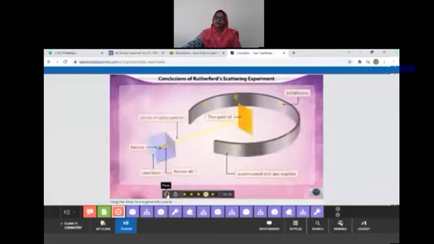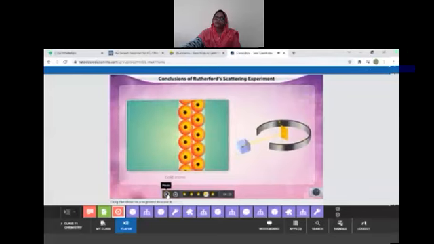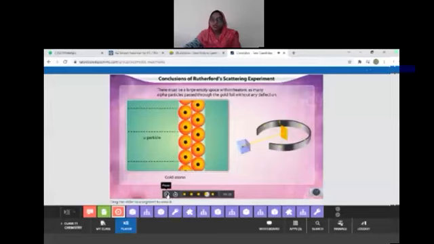Based on the observations, Rutherford concluded that there must be a large empty space within the atom, since most of the alpha particles passed through the gold foil without any deflection. See here, most of the alpha particles pass through the atom undeflected, maybe because most of the space of the atom is empty.